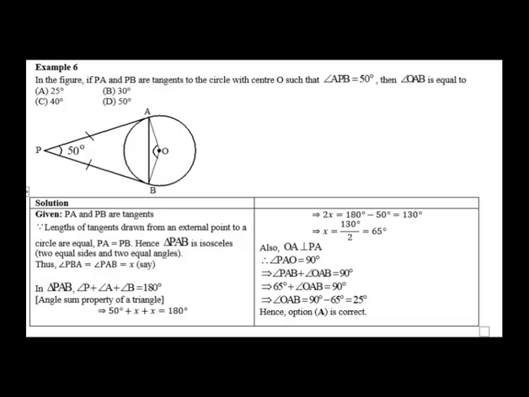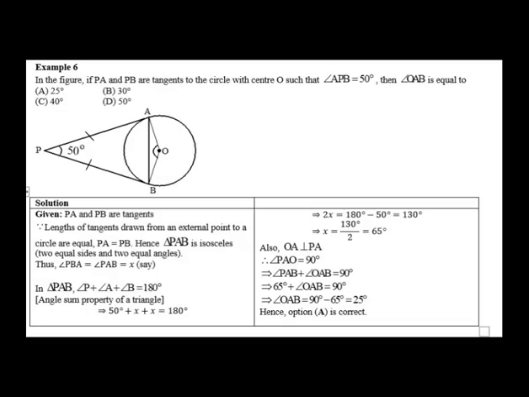In triangle PAB, angle P plus angle A plus angle B is equal to 180 degree by angle sum property of a triangle, which implies 50 degree plus 2x is equal to 180 degree, which implies 2x is equal to 180 degree minus 50 degree. Therefore, 2x is equal to 130 degree, which implies x is equal to 130 degree by 2, which is equal to 65 degree. Hence, angle PBA is equal to angle PAB is equal to 65 degree.